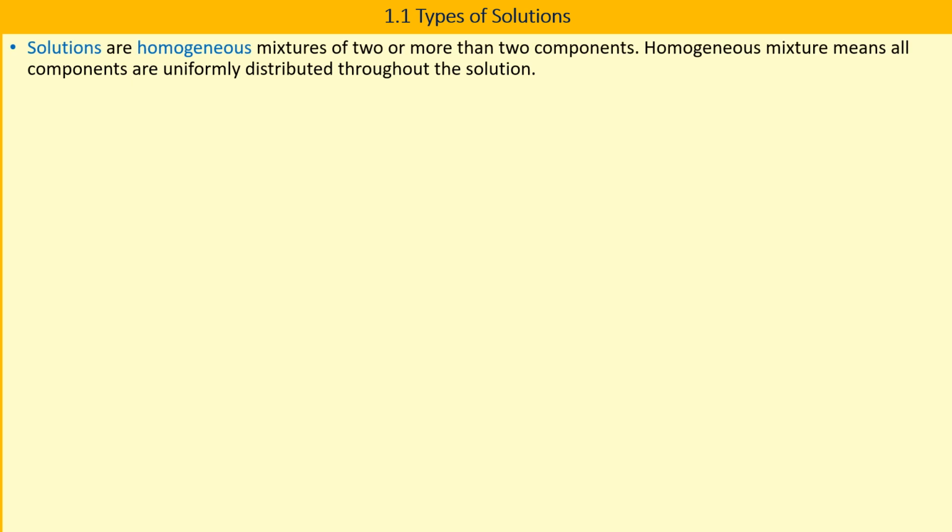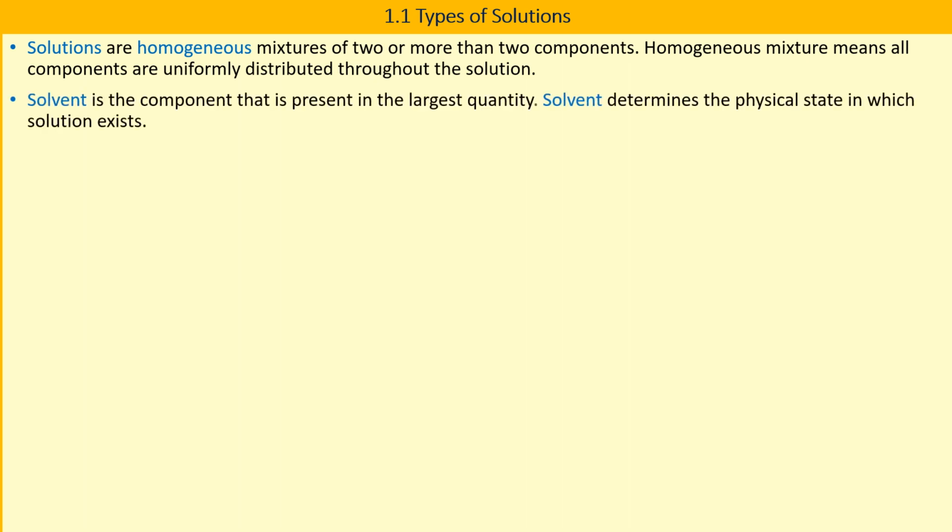Types of solutions. Solutions are homogeneous mixtures of two or more than two components. Homogeneous mixture means all components are uniformly distributed throughout the solution. Solvent is a component that is present in largest quantity.